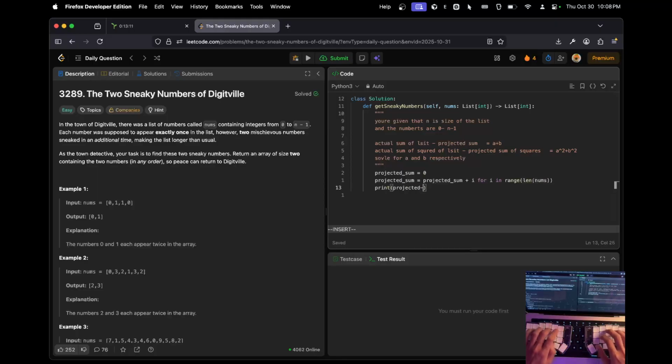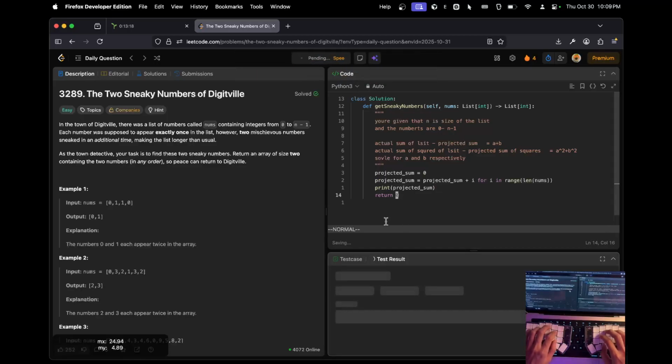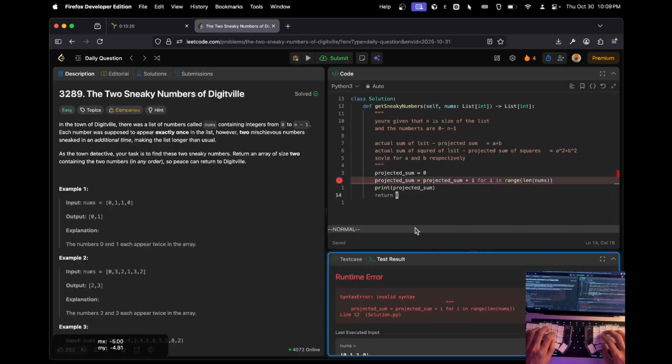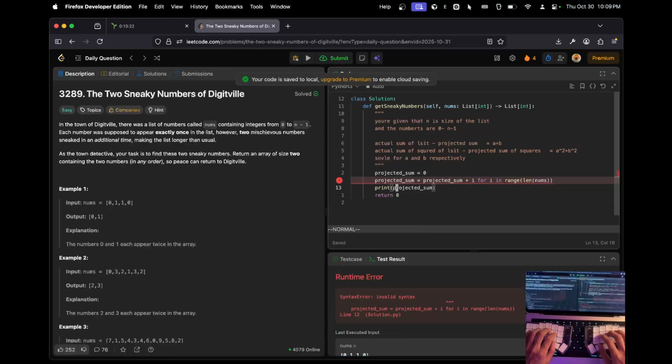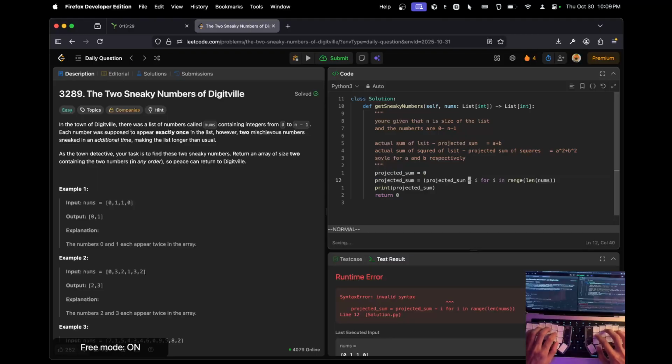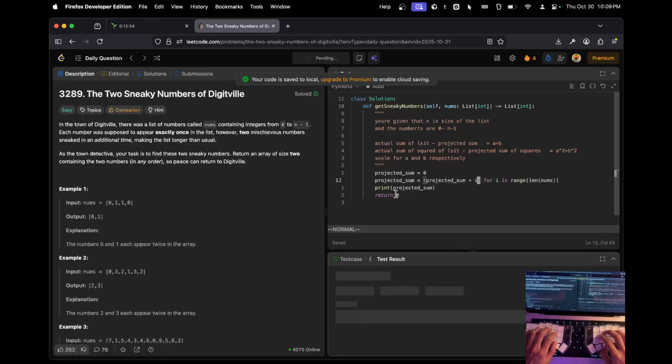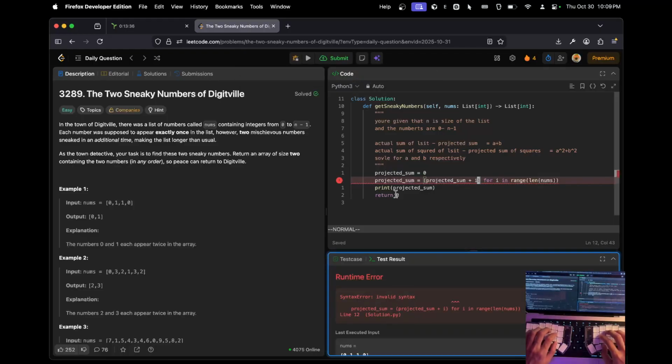Right. Yeah, I do want to just see if this syntax is correct. All right, maybe I'm not cooking. Dang, is this not valid syntax for Python? All right, I guess you do have to just do it the normal way.